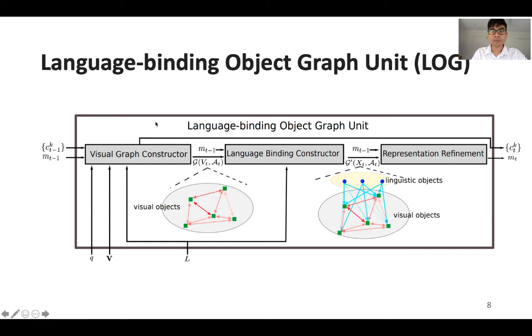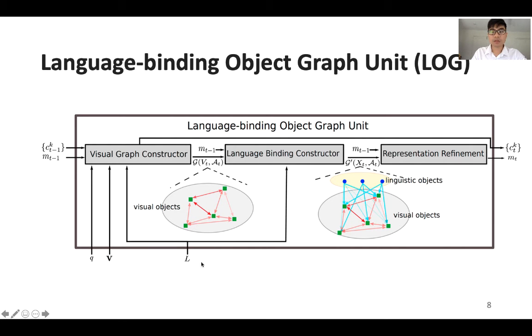It's composed of three components: a visual graph constructor, a language binding constructor, and a representation refinement module. The output of the visual graph constructor is a graph connecting all the visual objects detected from the object detection algorithm, and the edges between visual objects are conditioned on a subset of question words.